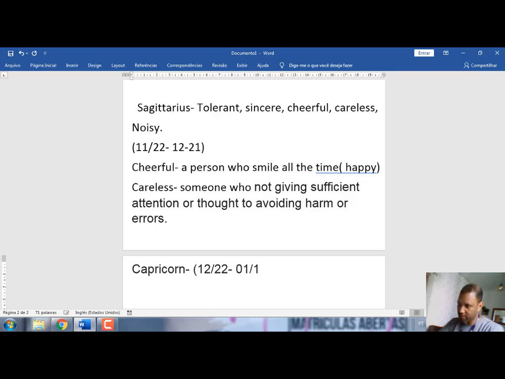November 21st, my daughter, she's Scorpio, right? Let's see if it's exactly the same thing as my daughter. Passionate, I think that she's passionate. I don't know. Determined, she's younger.